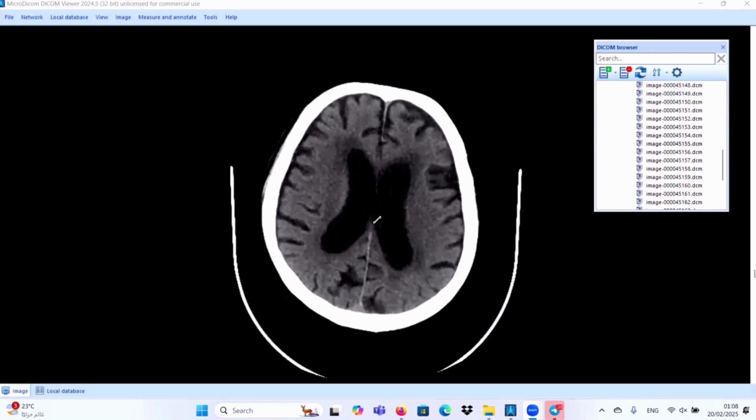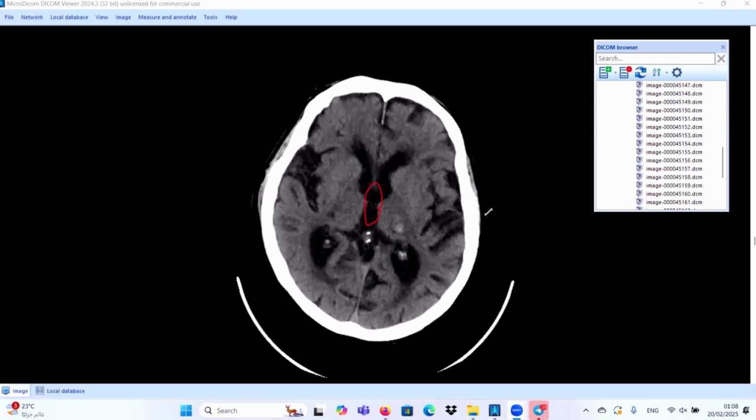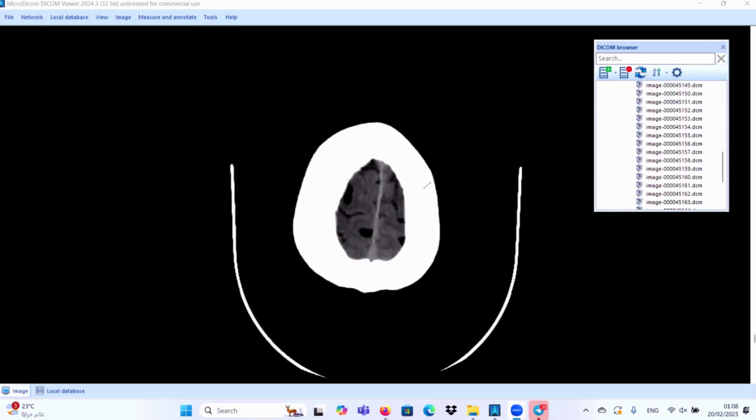We have also diffuse ventricular dilatation, third ventricle and both lateral ventricles. Also, we have widened cerebellar fissures and extra-axial CSF spaces, so we have central and cortical brain involution changes.